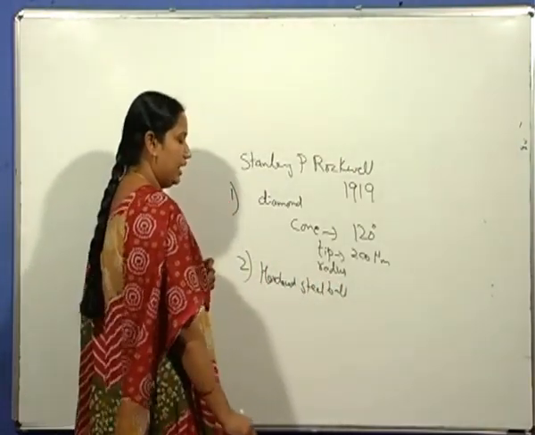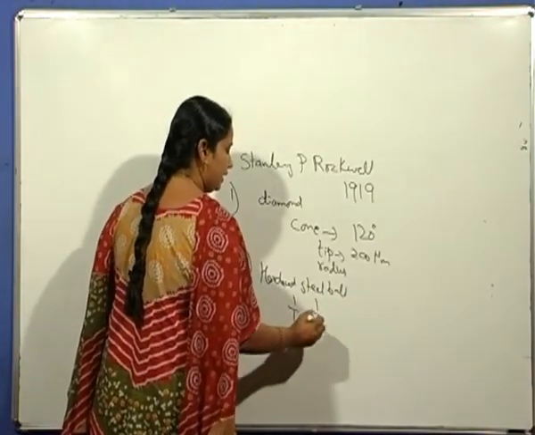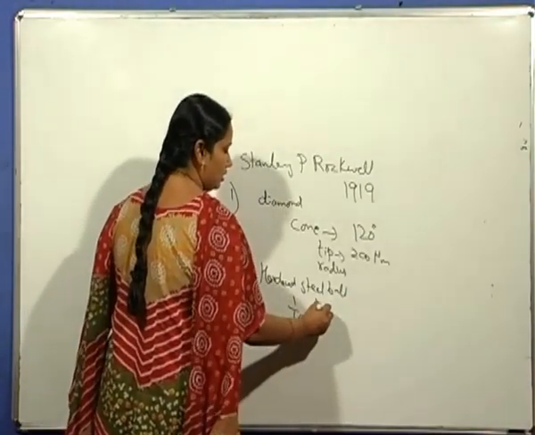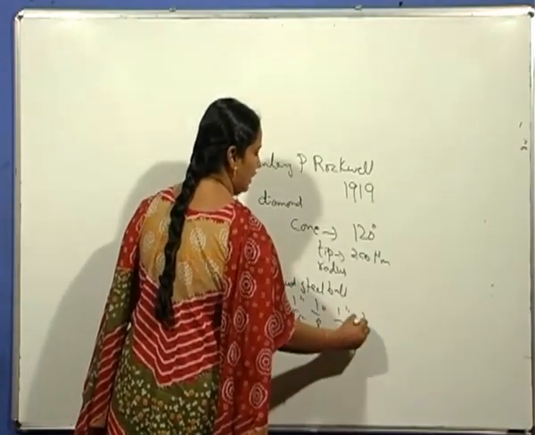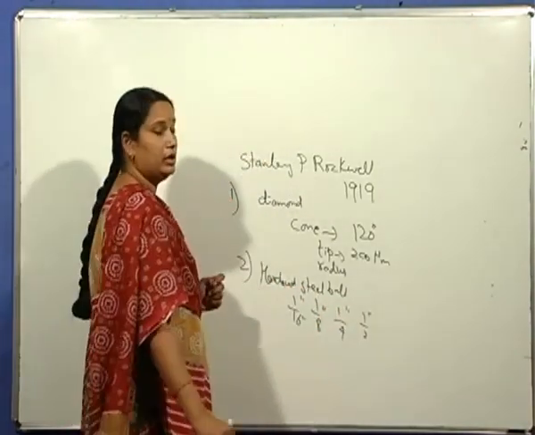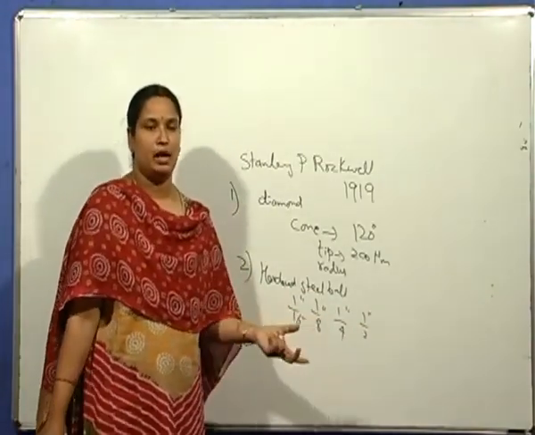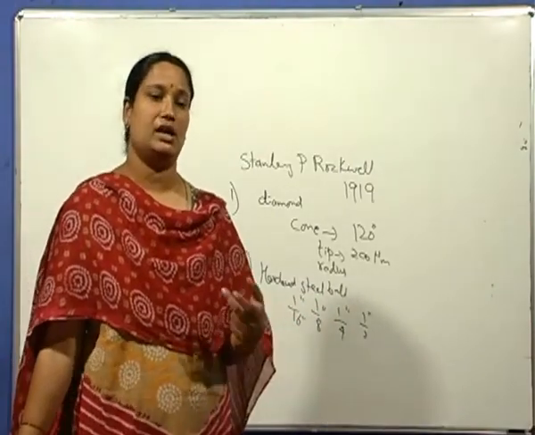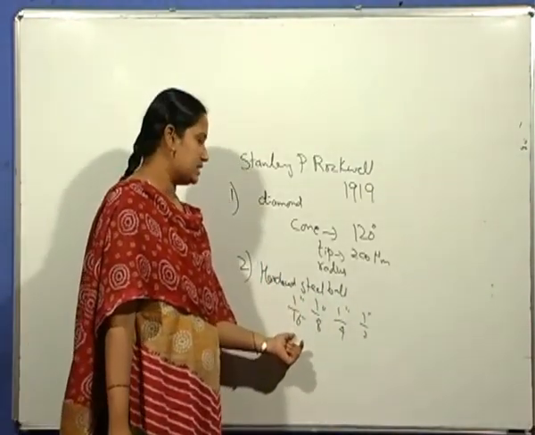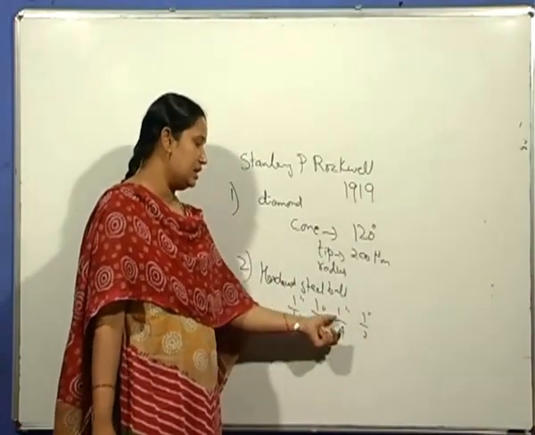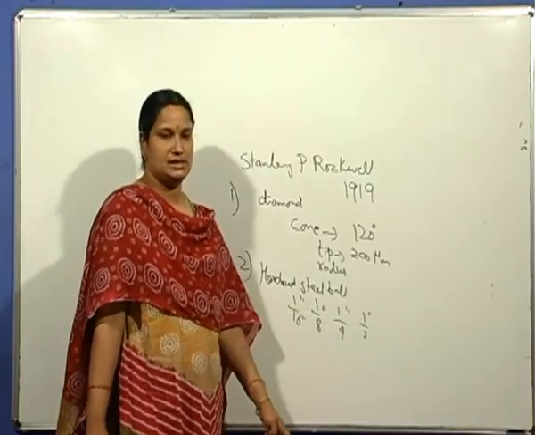The diameter of the hardened steel ball is 1/16th inch, 1/8th inch, 1/4th inch, or 1/2 inch. There are various diameters of the hardened steel ball depending upon the material to be tested or the application. That is either 1/16th inch dia steel ball, 1/8th inch dia steel, 1/4 inch dia steel, or half inch dia steel.